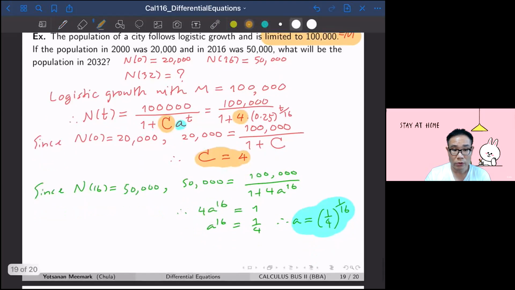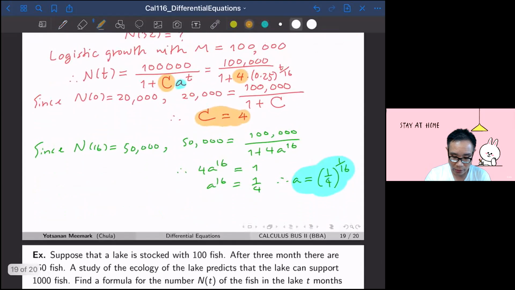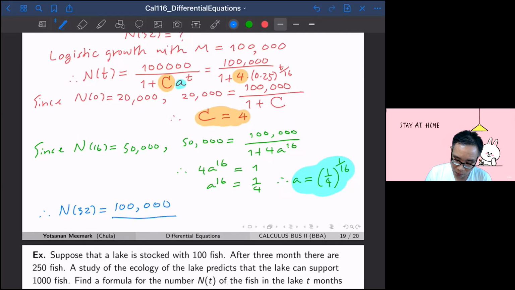And then you're going to compute N32 for me. So you have N32 given by 100,000 over 1 plus 4 times 0.25 to the 32 over 16.